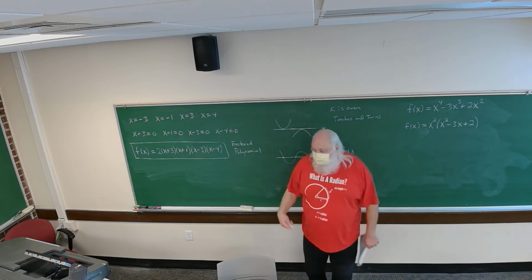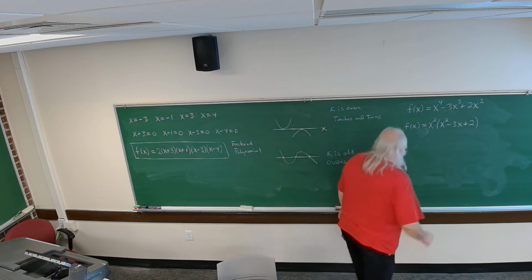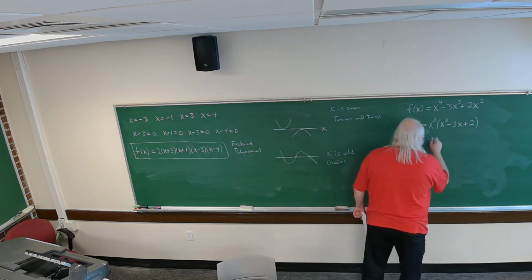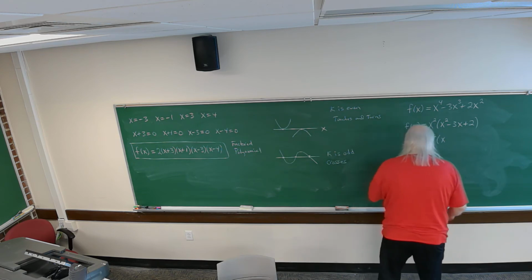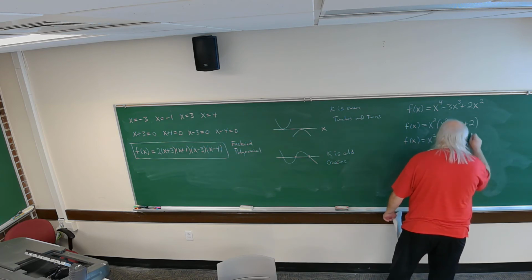Does that quadratic factor with whole numbers? Yes, it does. So we have f of x is equal to x squared times x minus 2 times x minus 1.